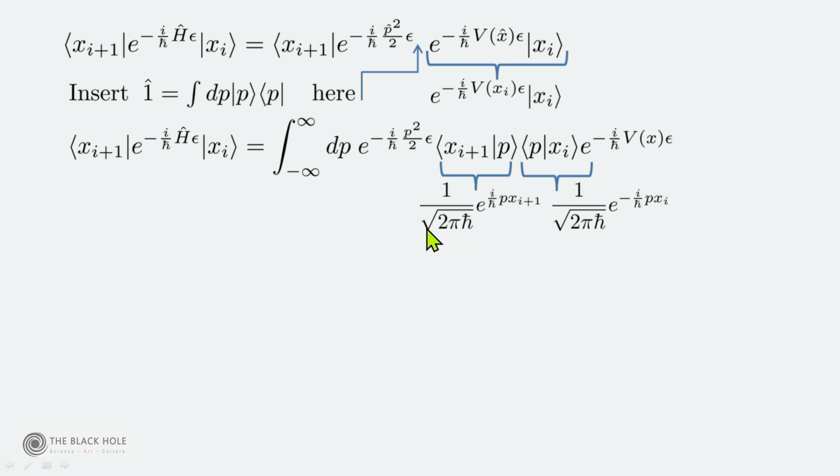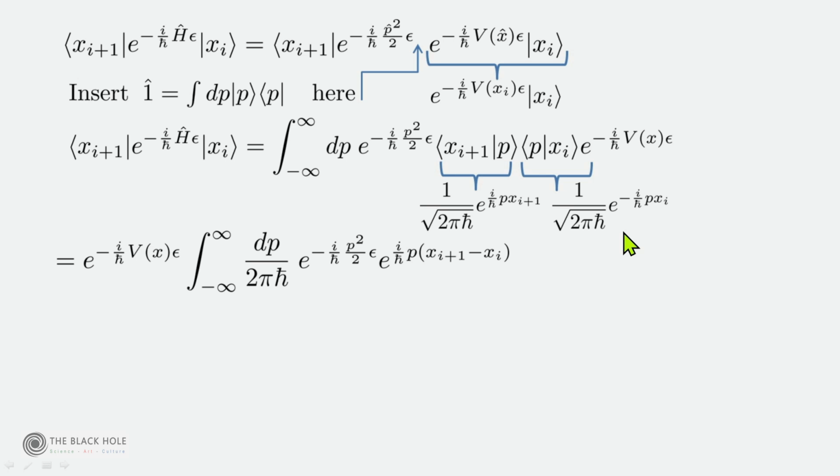And so we get this normalization here and this normalization here. And then it's just a matter of algebra. This e to the minus i V x, I'll just pull it out over here because that doesn't depend on p. And then we have 2 pi h bar, which is this and that. And you can see that I've just rewritten this over here and rewritten this into that over here.